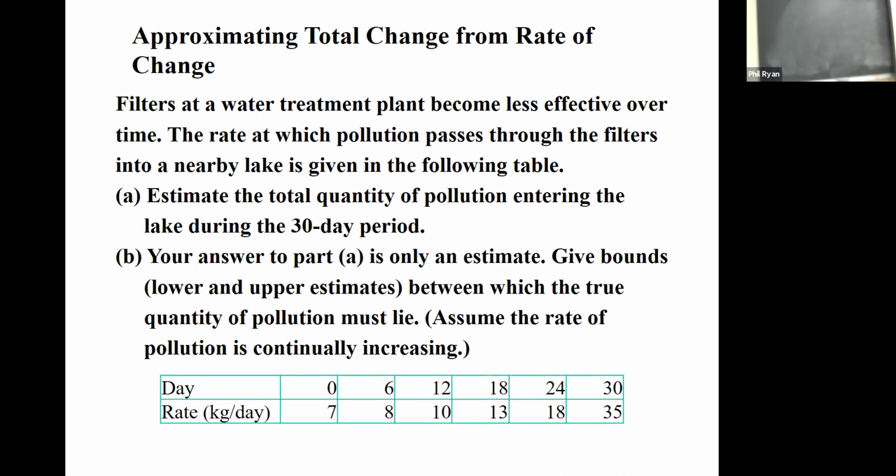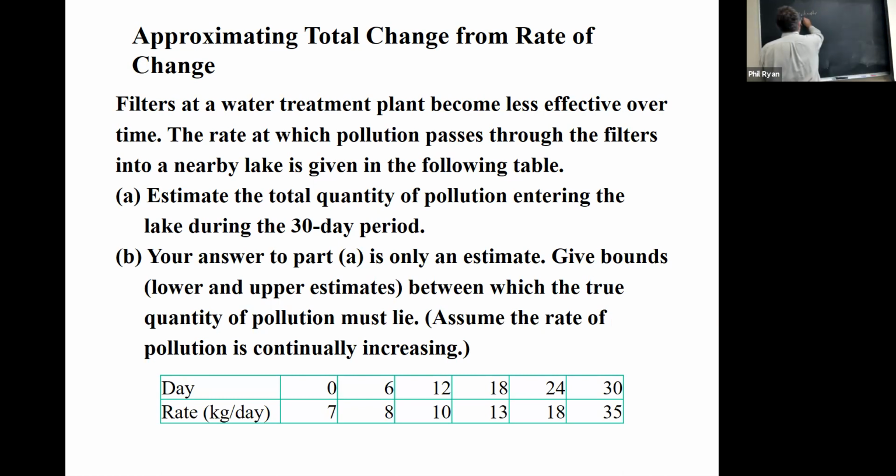The base of the rectangles is 6, because that's the period, that's how often we're testing, every 6 days. And the height of the rectangles is the value of the rate of change. So to do the underestimate, it's 6 for all the rectangles, so we can just bring that out.